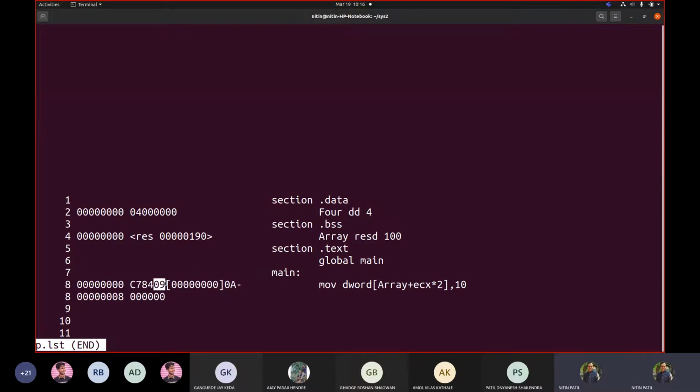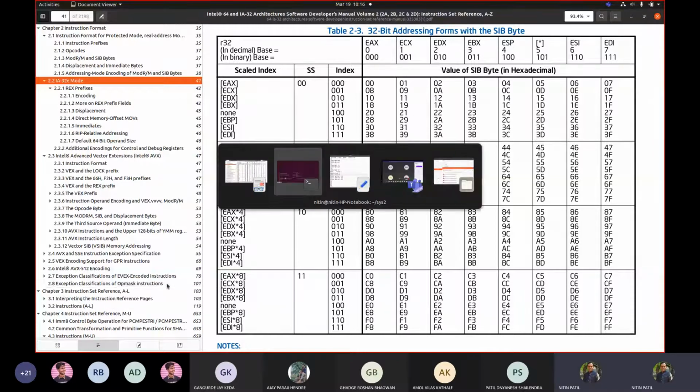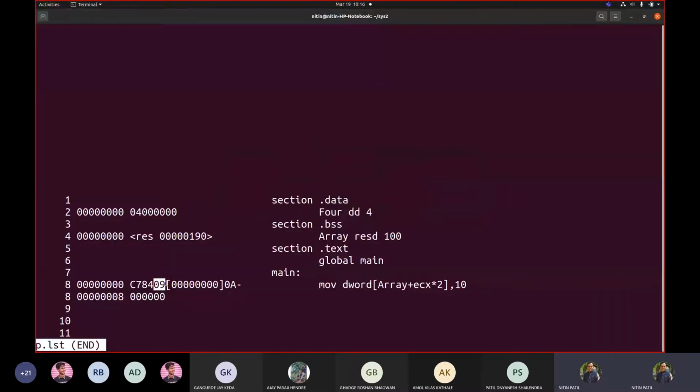Now let us find out where is 09. Where is 09? It is for ECX.